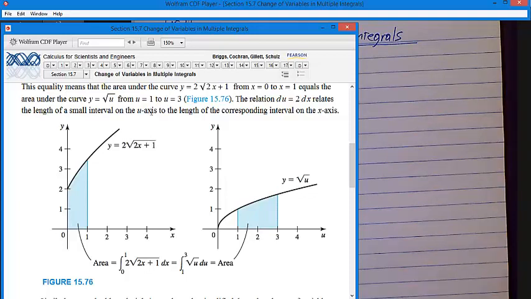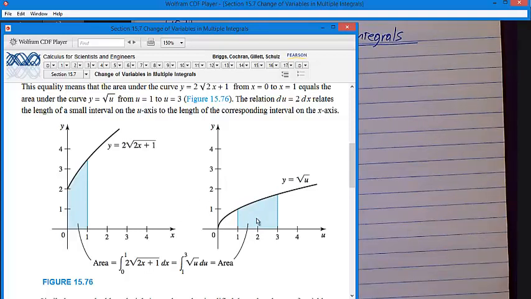Okay? But what we do, when we do the transformation where we say U is 2x plus 1, this is the thing we integrate. Right? We integrate this. What's really interesting is that these areas are the same.